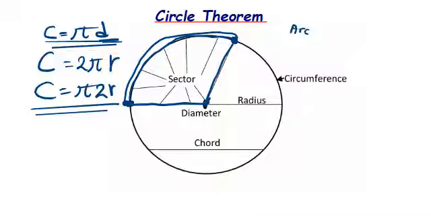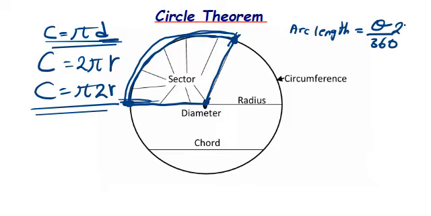As you can see, all of this is what we call the arc length. And if you want to find the arc length, it is given by the formula pi over 360 multiplied by 2 pi radius, like that. Then that is your arc length.